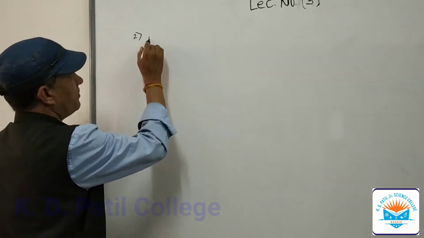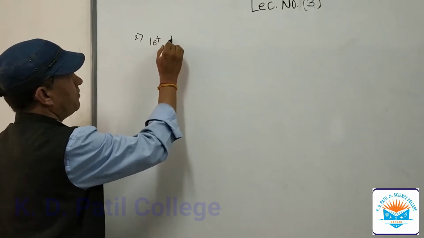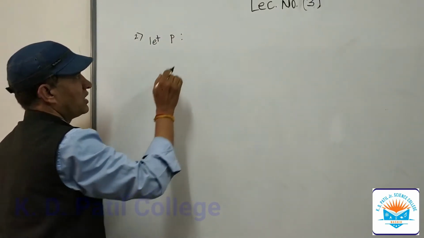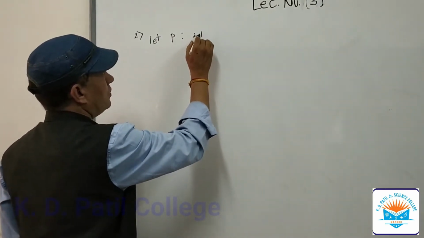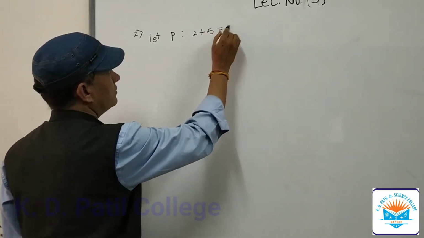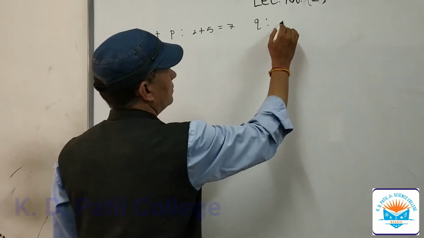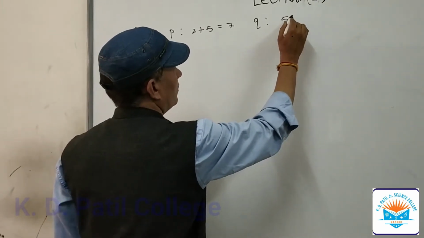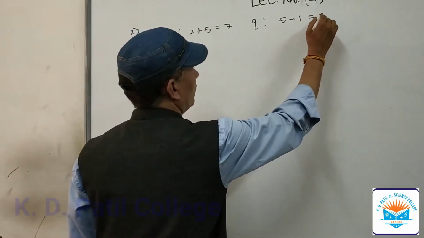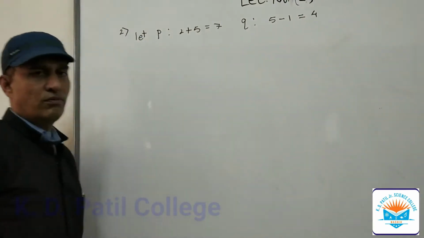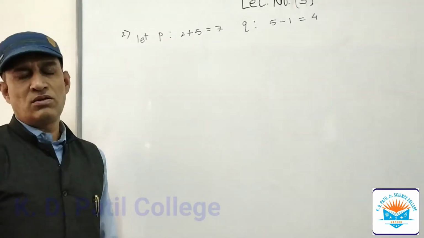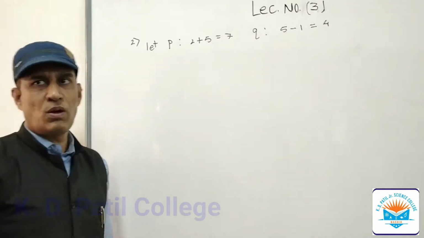Let P such that 2 plus 5 is equal to 7, and Q such that 5 minus 1 is equal to 4. And I want to write the following symbolic forms into verbal form.